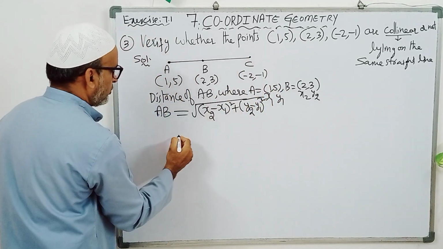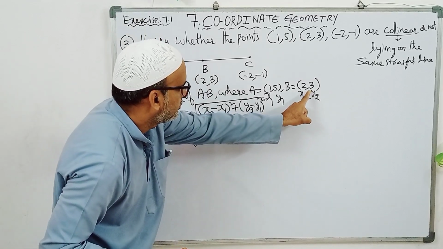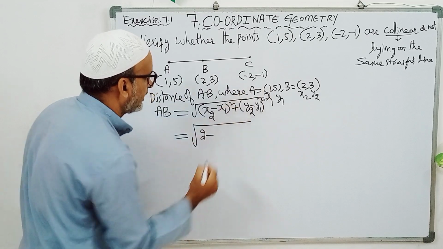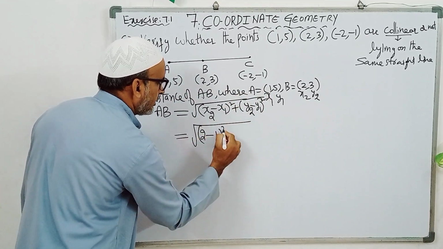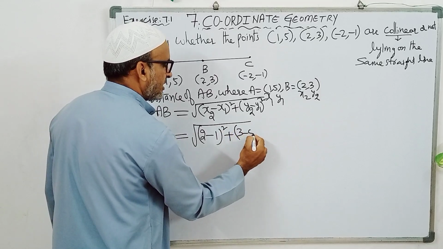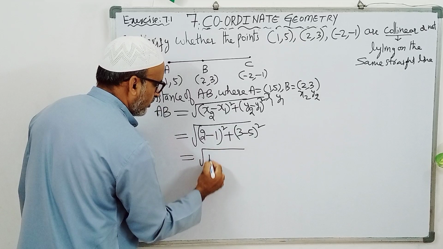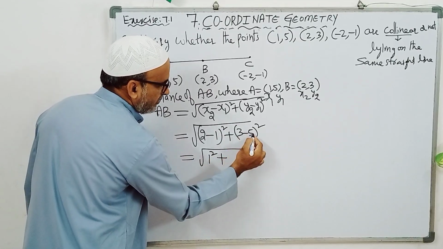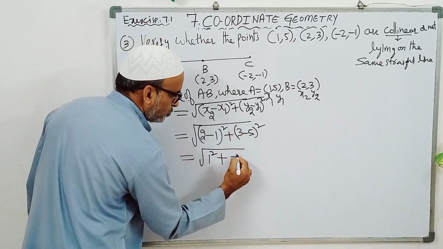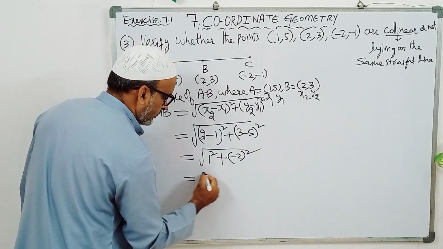That is equal to square root of (2 minus 1) whole square plus (3 minus 5) whole square. 2 minus 1 is 1, squared. From 5 take out 3, 3 minus 5 is minus 2, whole square, so square root of 1 square.